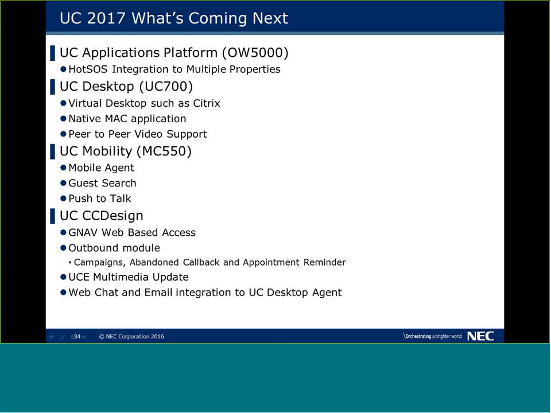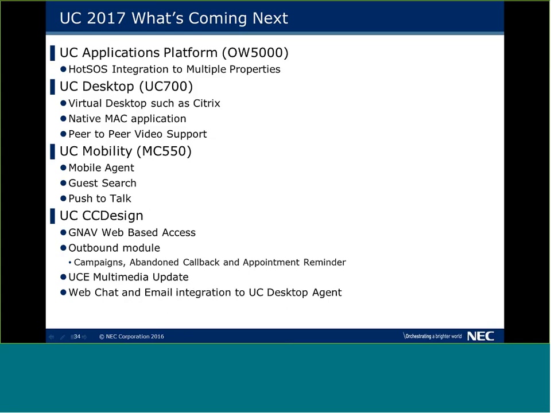On the contact center front, so UCE for CC Design apps, the biggest request that we get, and one that we are looking to add to the system, is GNav as a web-based tool. So again, pulling up a browser, logging in, and being able to access applications.